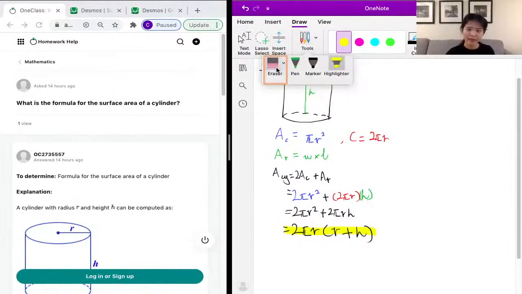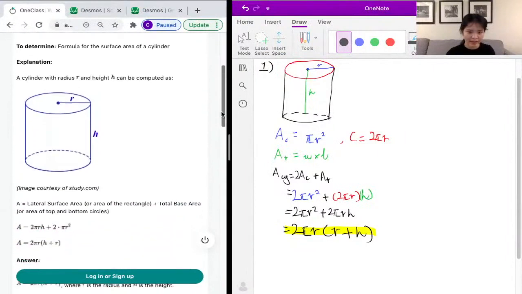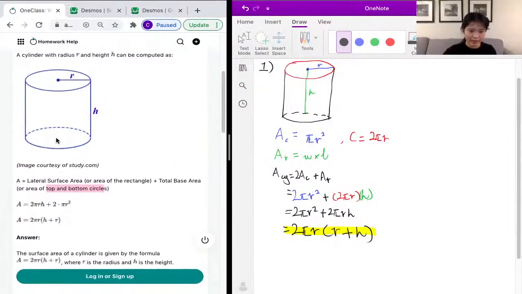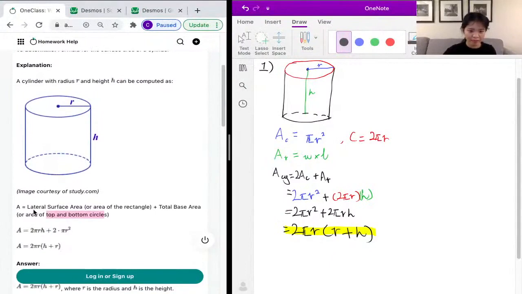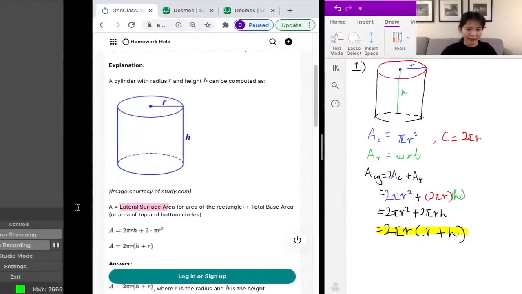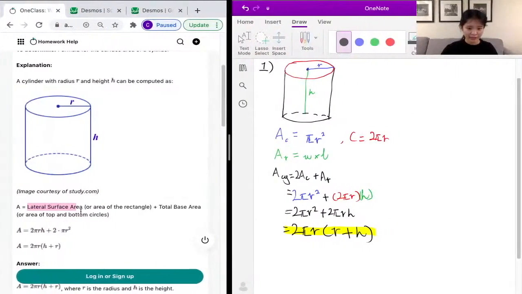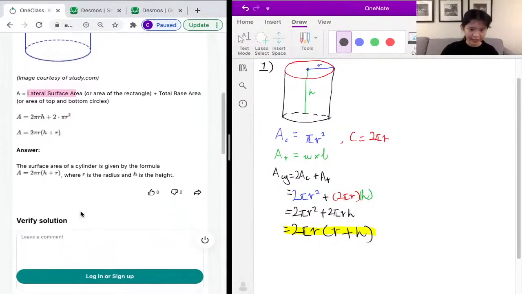Perfect. All right, now let's look at our sample solution over here on our left-hand side. Yes, they also derived the surface area, except it didn't give much of an explanation for the lateral surface area of the rectangle, or at least they didn't give as much explanation as we did, but that is completely fine.